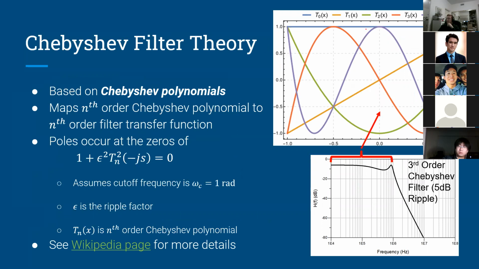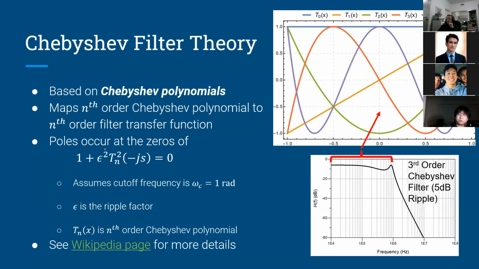This top graph is showing a few Chebyshev polynomials, which are basically a series of functions that follow a particular trend. I don't remember how they're mathematically defined, but there is a definition for them. This shows order 0 up to order 4. For order 0, you just have a constant 1. That's the top line there. For first order, you have a line. Second order, in green, is a parabola, and so on.